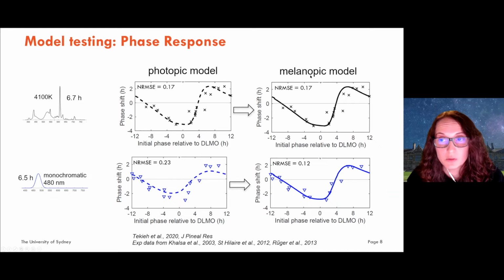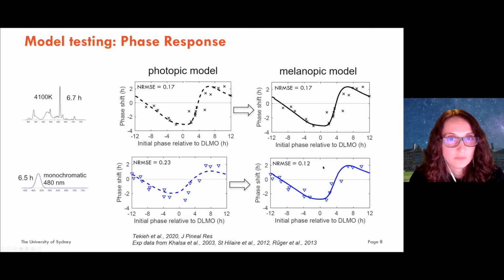While when we use our new melanopic model, the agreement between the model and the data is very good, and the error is reduced significantly. It's even better than for the fluorescent light.